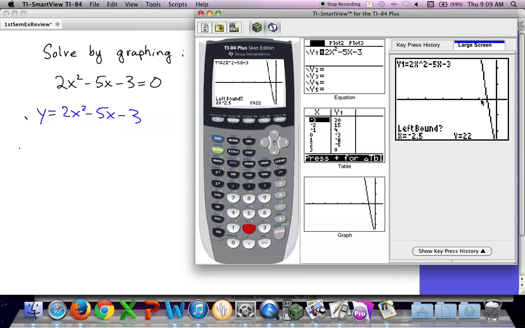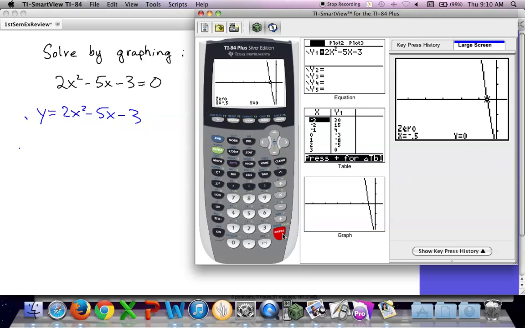I'm going to put negative 1 since it's right there. And the right bound would be an x value which is to the right of that 0. How about 0? By doing that, you're putting these triangles there and there. They're asking, do you want to guess in between those two? Yeah, my 0 looks like it's in between. So go ahead and run it, and negative 0.5, negative 1/2. There it is.